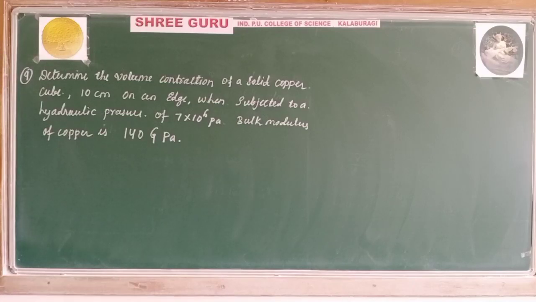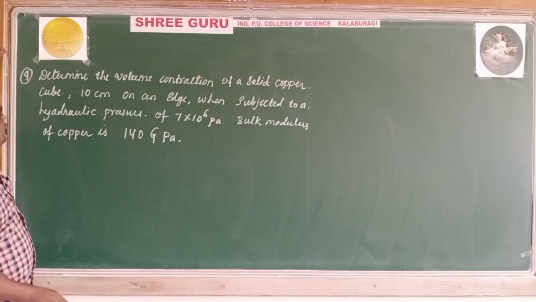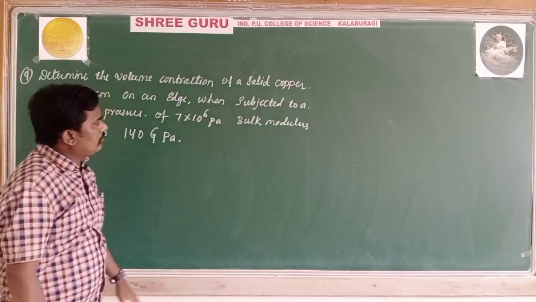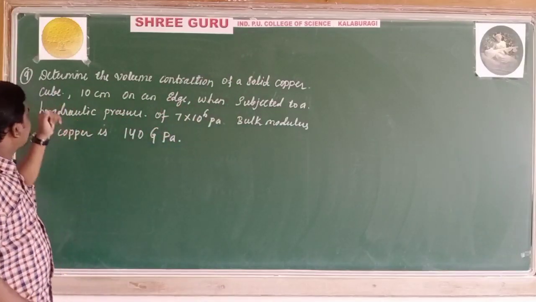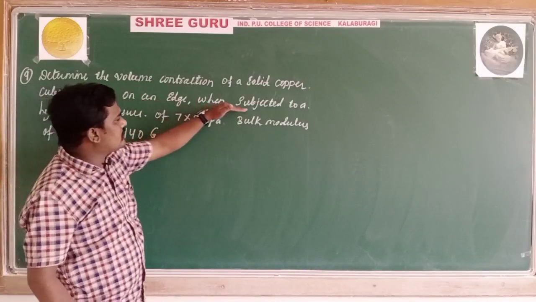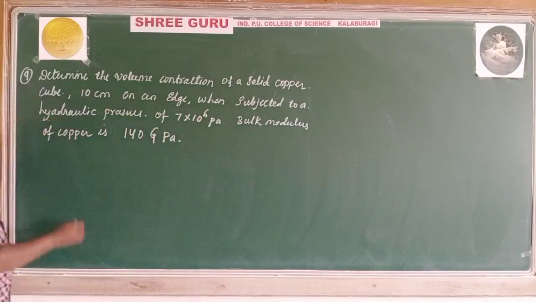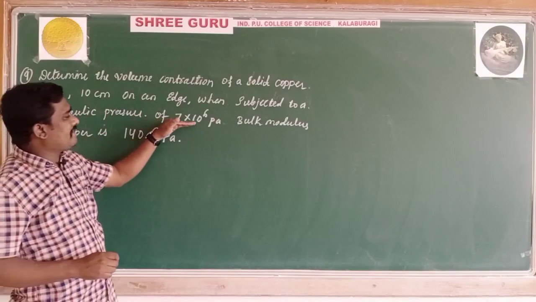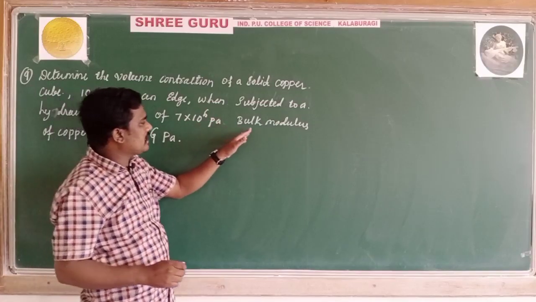This is the question. We should find the volume contraction, that is delta V, the change in volume of a solid copper cube 10 centimeter on an edge when subjected to a hydraulic pressure of 7 into 10 to the power of 6 Pascal.